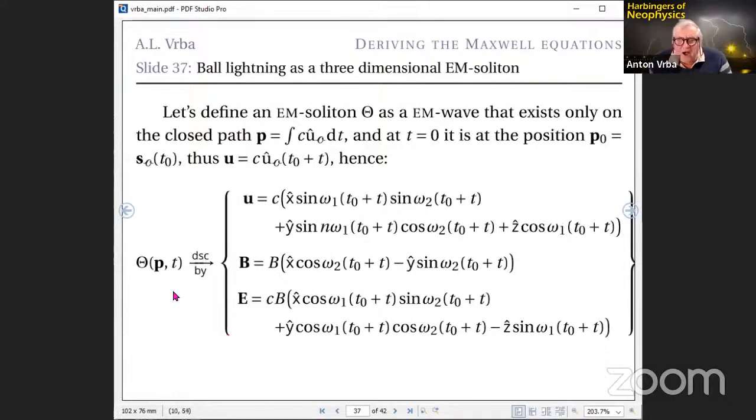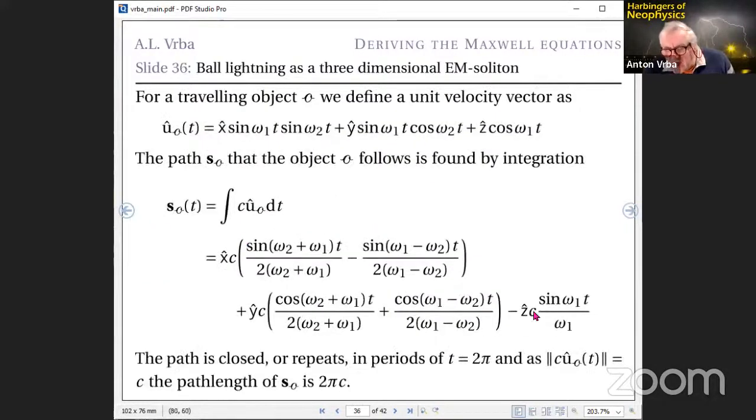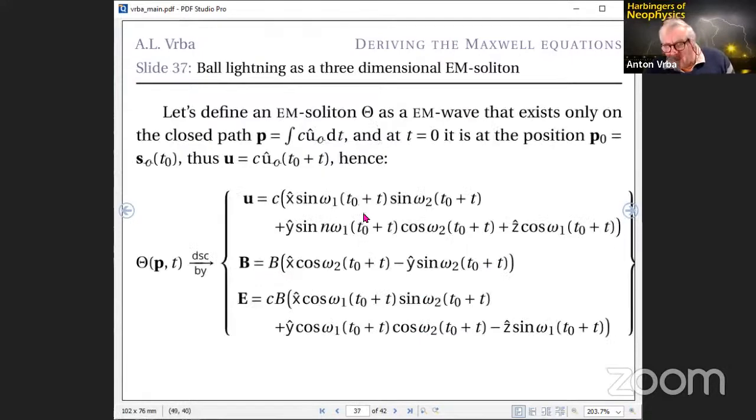And if I now define a soliton or ball lightning in terms of these, which travels along this path here, they are parameterized by this. All the cross products work out. I've done this all in Mathematica. If anybody's interested, I can give you the Mathematica software so you can play with it as well and look at it.